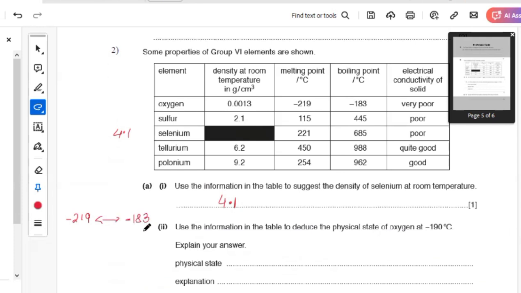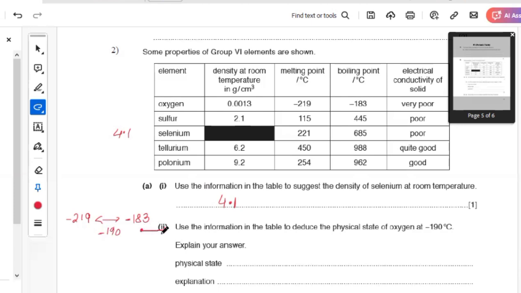Now minus 190 should be present around here, because you can see that it is the temperature present around here.